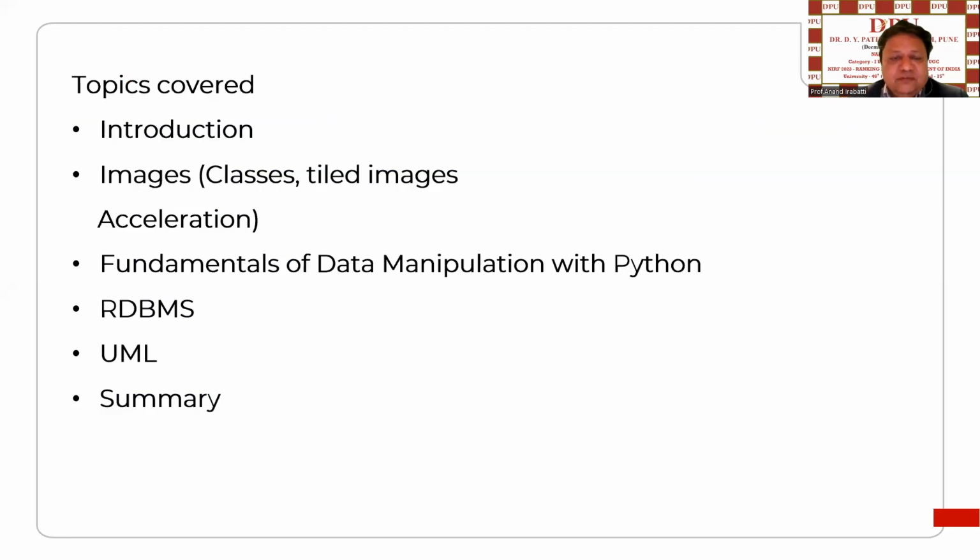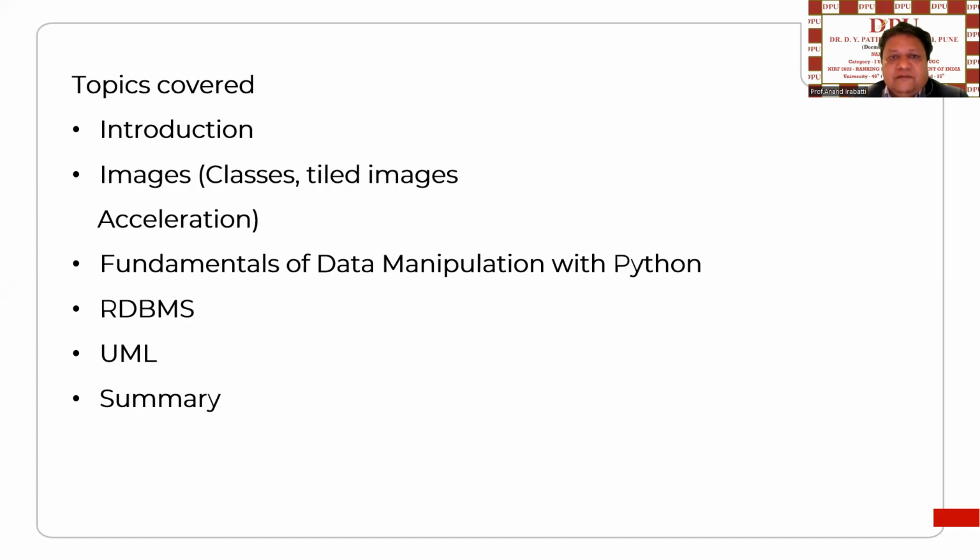The content of this unit mainly consists of images, classes, tiled images, acceleration, and the fundamentals of data manipulation with Python, how to perform data manipulation using Python. I will demonstrate it practically.